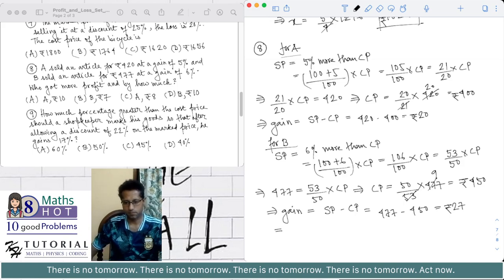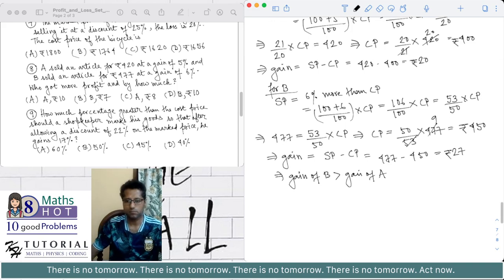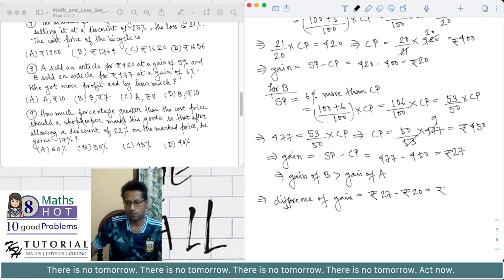So this implies gain of B is greater than gain of A. This implies the difference of gain is equal to rupees 27 minus rupees 20, which is equal to rupees 7.